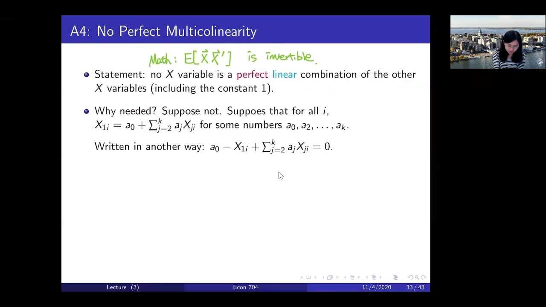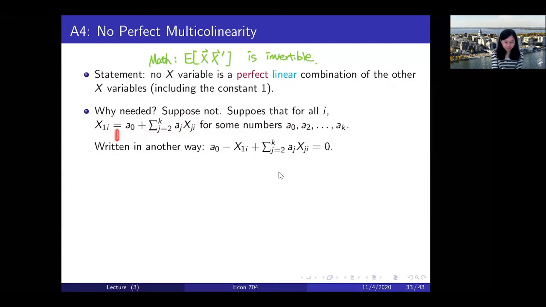What that means is there exist some numbers, some coefficients, such that the first random variable equals this linear function of the other random variables.